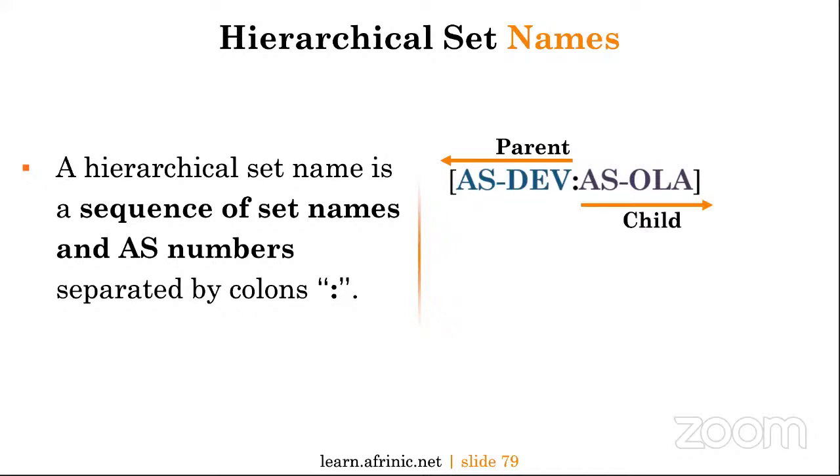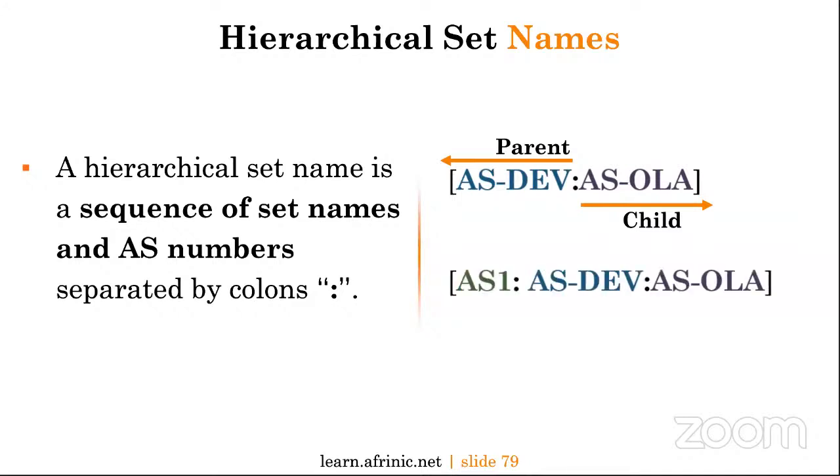Now, for you to be able to create this full name, AS-dev:AS-ola, AS-dev has to exist, and it's going to authenticate. It has to have a maintainer, and you can use the authentication to create this full AS-dev:AS-ola.